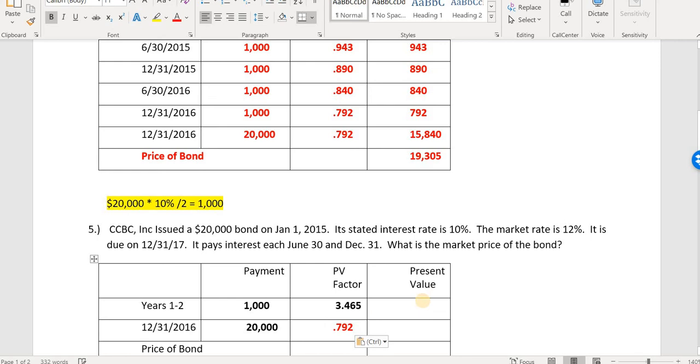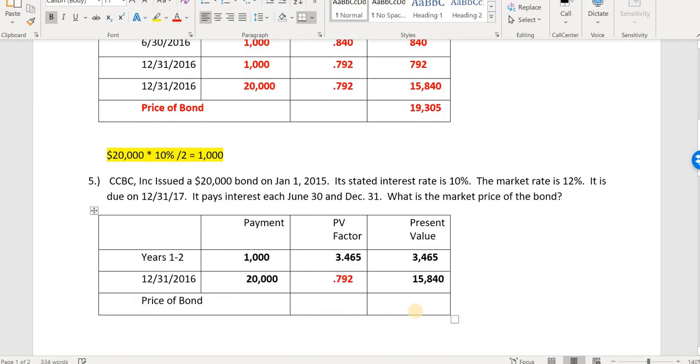So let's work it out. That's 3,465. The math's easy. This is 15,840. If I add them up, 15,840 plus 3,465, I get 19,305. Phew, the same answer.